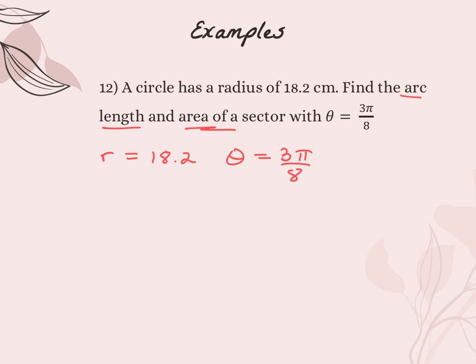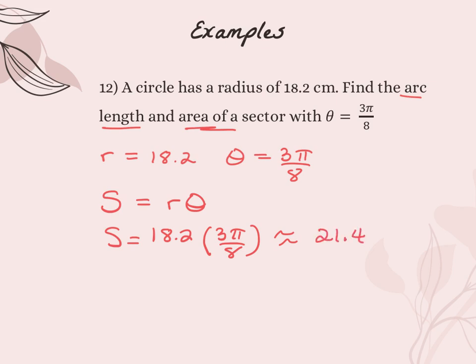Remember, the formula to find the arc length is radius times theta. So I'm going to do 18.2 times 3 pi over 8. And again, this is going to be an approximation, so it's approximately equal to 21.4 centimeters. So this is a piece of the circumference.